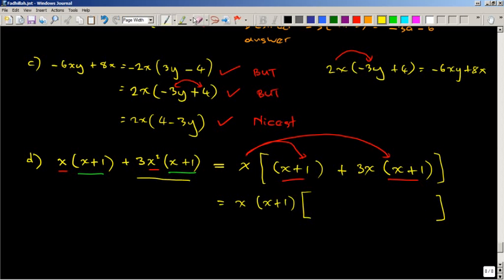Let me just color it differently, so that you can see. Let me put that square bracket in which color? Blue. Okay, so that you remember which bracket I'm talking about. So this is the same bracket, blue. First I took out X, and then I took out X plus 1.